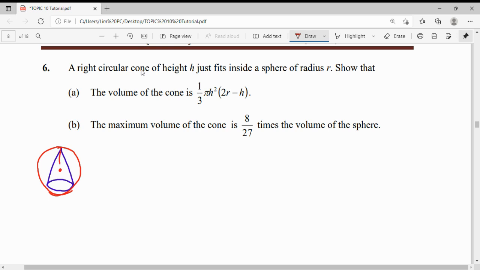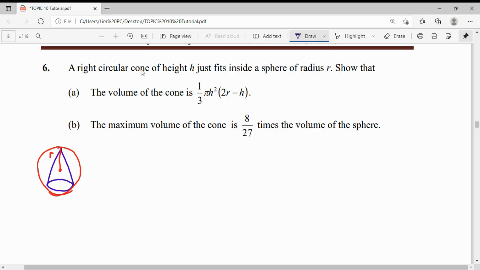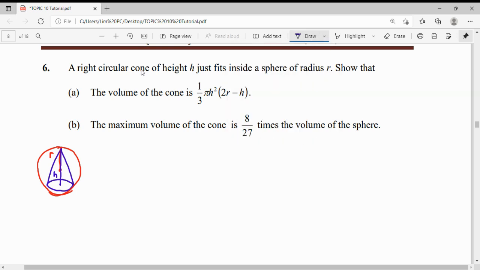The sphere here has a radius r, and our cone here has a height h.